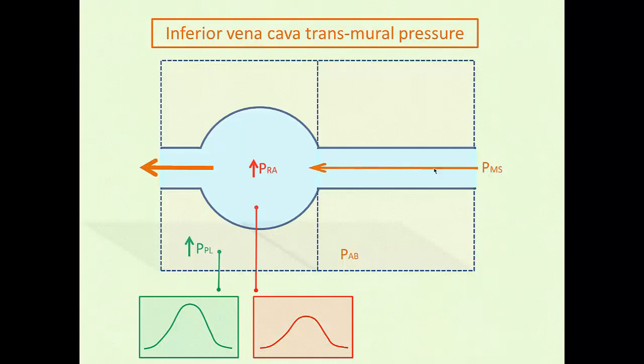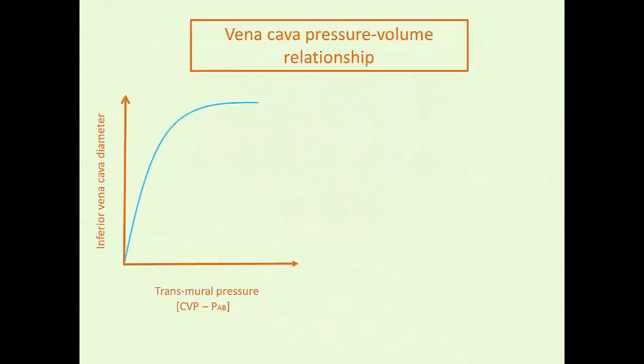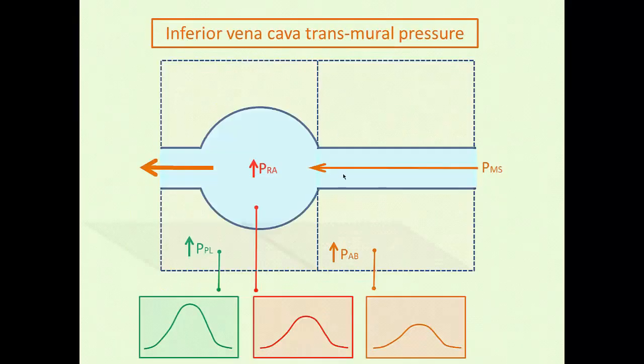Simultaneously, there's a decrease in venous return because of the increase in upstream pressure while abdominal pressure is increasing. So what does that do? Well, that increases the pressure in the right atrium and very distal IVC relative to abdominal pressure.